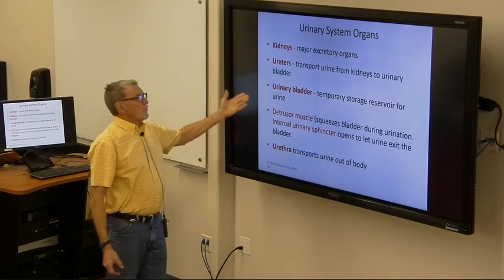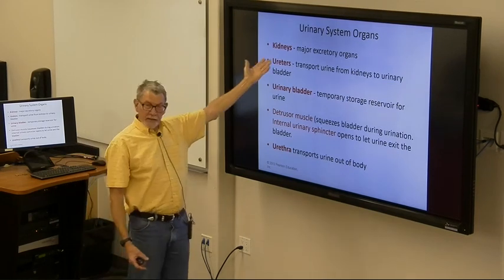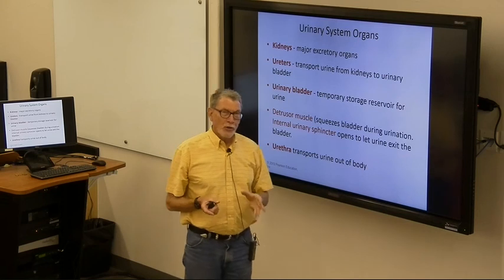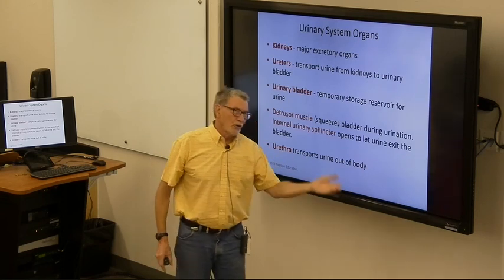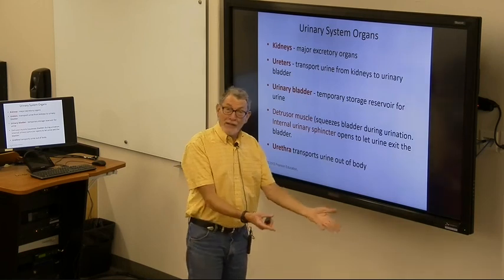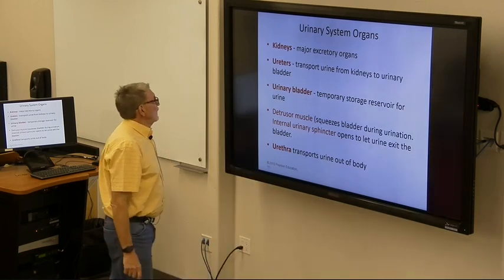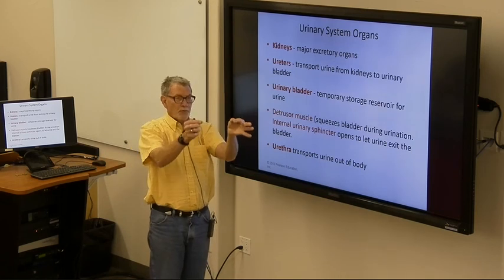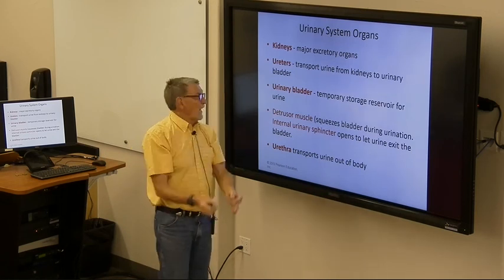The organs themselves, the structure, the kidneys, renal and nephro. Reno and nephro are the two terms. So you can have renal disease, you can have nephritis, or something, if you have inflammation. The ureters are the tubes that transport the urine from the kidneys to the bladder.